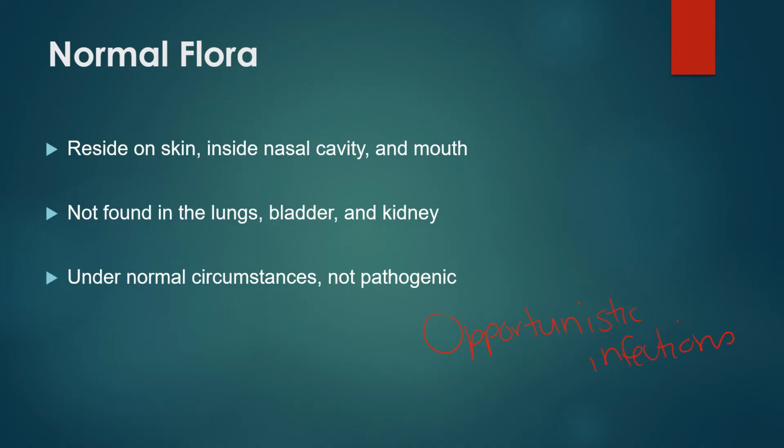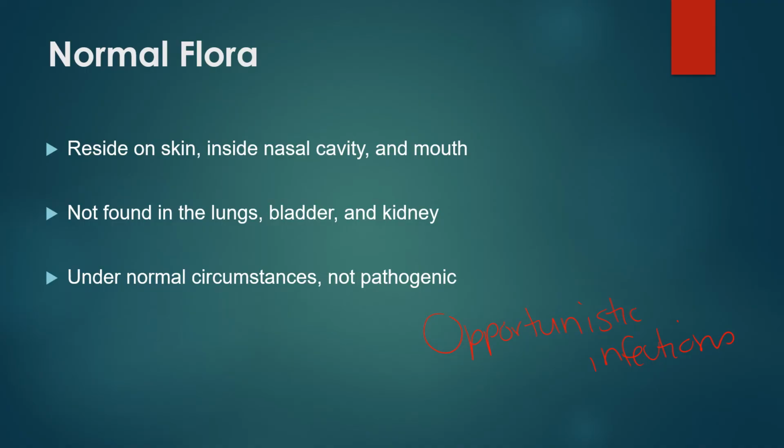But these are under special circumstances where your normal flora would become pathogenic because those conditions are met. Other than that, our normal flora is actually beneficial to us as host, and there are different species inhabiting different areas of the body. Non-sterile areas only. Sterile areas such as the lung, the bladder, and the kidney do not have a normal flora existing in them.